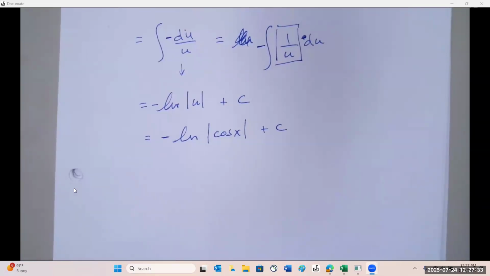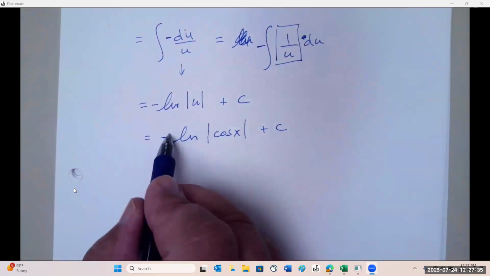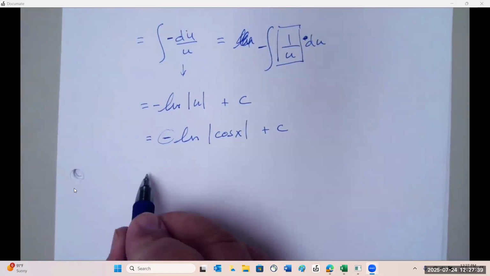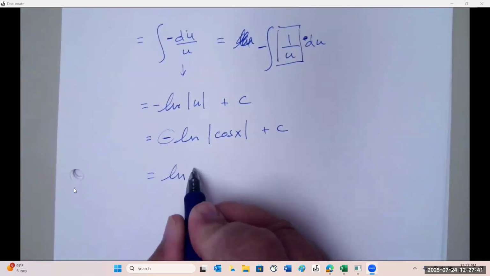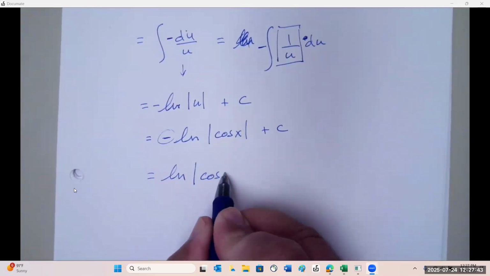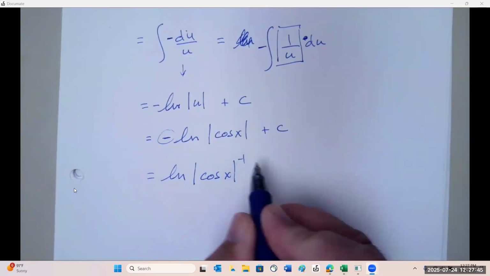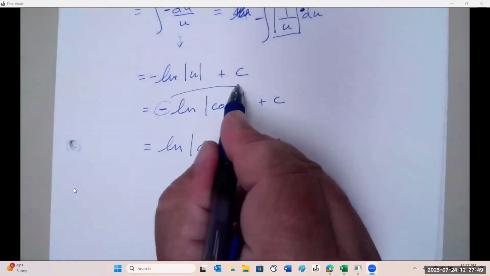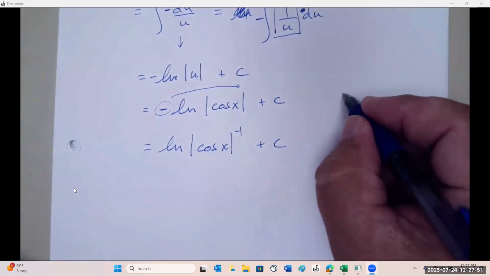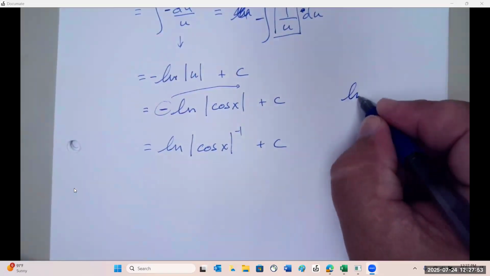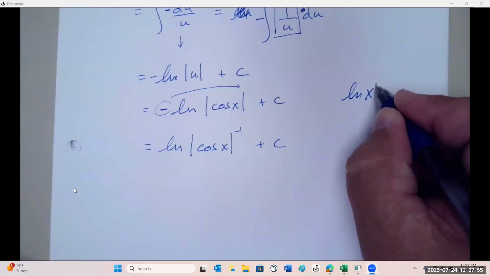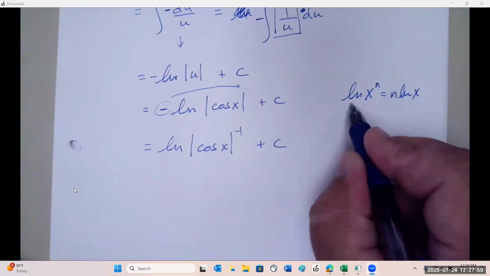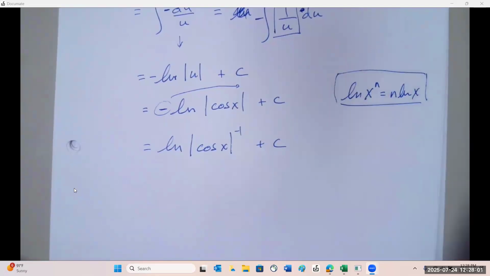Are we done? No. Because whenever in logarithmic equations you have a coefficient, that coefficient becomes an exponent. It goes on top. The rule says this: ln of x to the power n is n ln x. That's the property of logarithms.